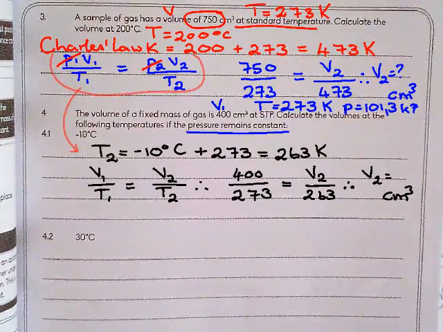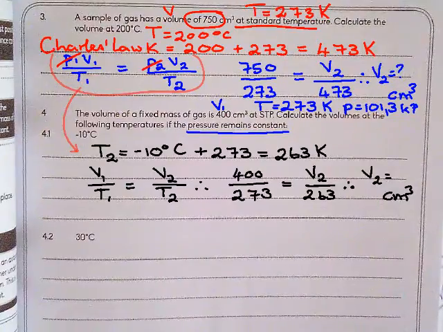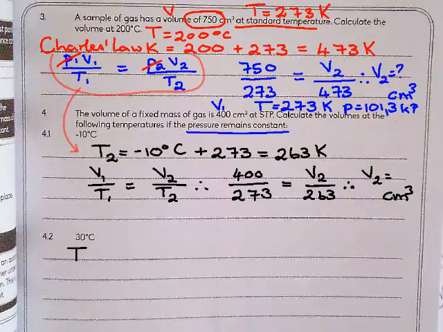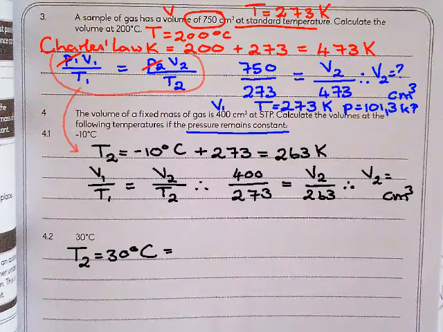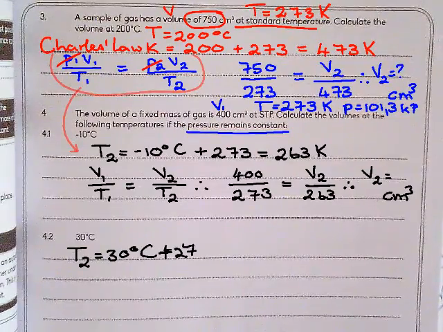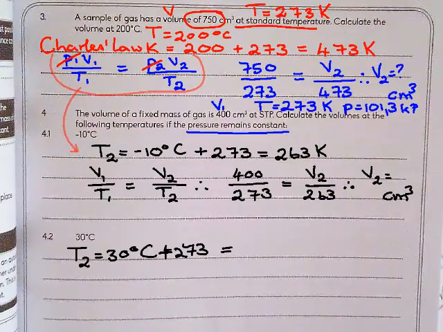Right. Question 4.2 is the same situation. You're going to have to change the temperature of 30 degrees Celsius to Kelvin by adding 273 to it.